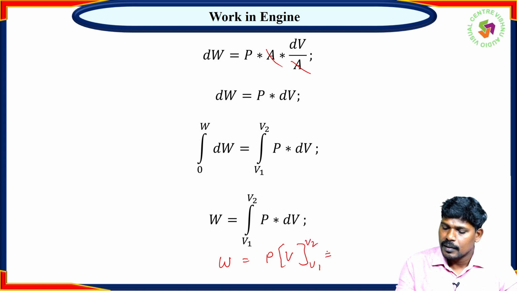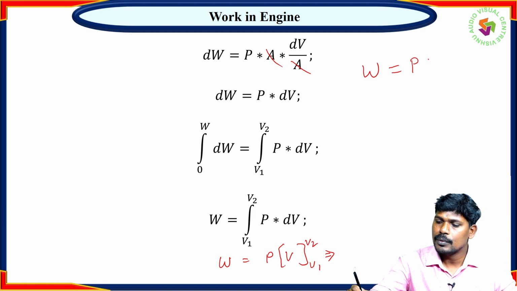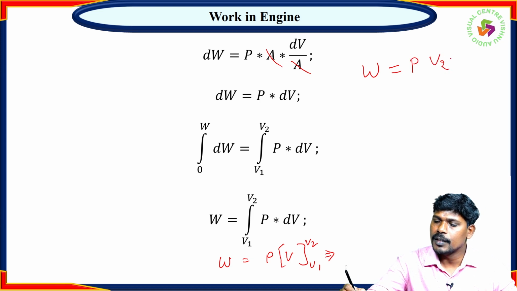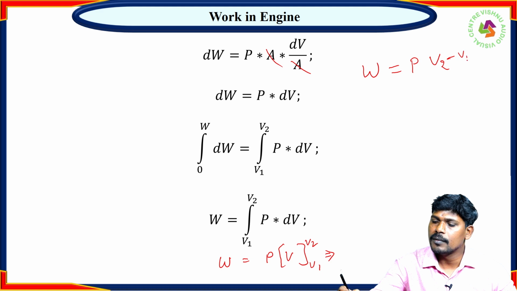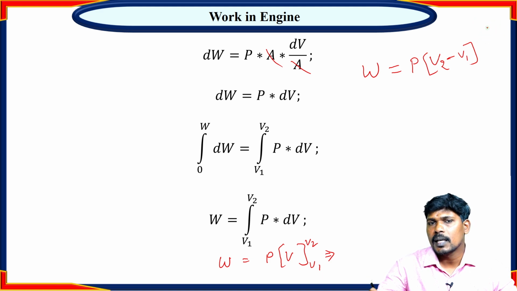From here, W is equal to P times (V2 minus V1). So this is the work done by the fluid in the cylinder on the piston.